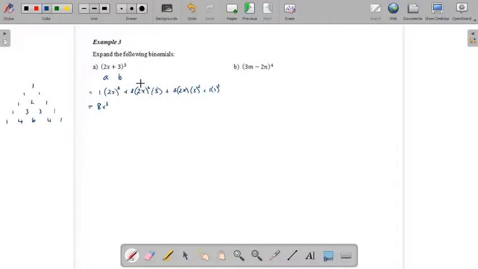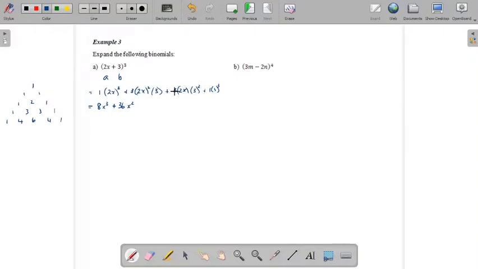Now the 4 will be multiplied by that 3 and by that 3 as well. So 2 squared is 4 times 3 is 12. 12 times 3 will be 36. So that's 36 x squared, because the x is squared as well. And then here 2, that's all the power of 1, so that's 2 times 3 is 6 times 3 squared, so that's 9.